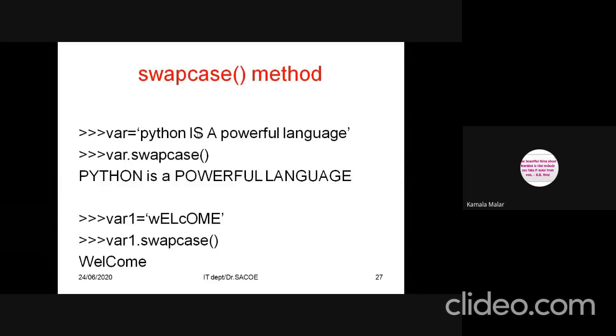Next, built-in available methods are islower and isupper. These are testing methods to check whether the given string is lower or upper. If the given string is lower, it will return true. Likewise, if it is uppercase and you test for upper, it will return true, otherwise false.